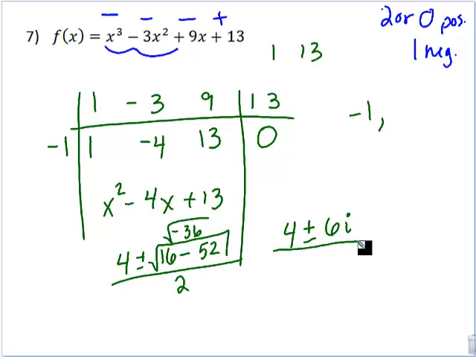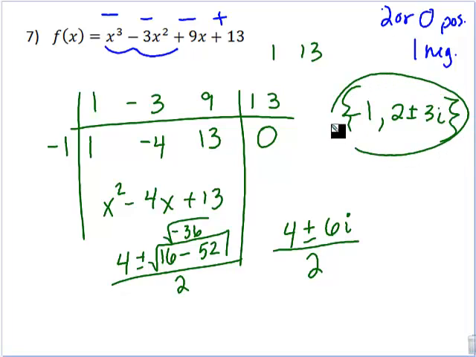And then all over 2. Can that be simplified? Yep, to 2 plus or minus 3i. So there are our solutions. We'll stop there, mostly because we're almost out of time.